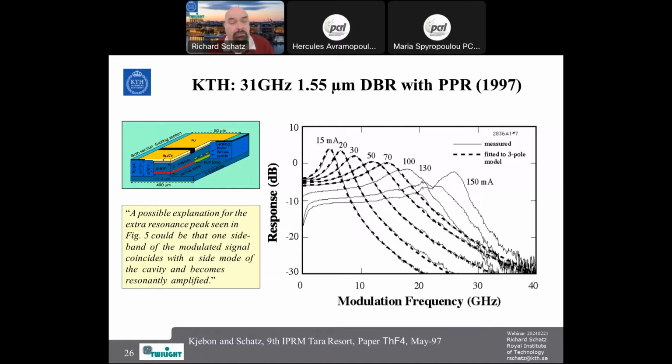But then the benefits of the DML are lost a bit, because you still have the same fabrication complexity as an EML, so intracavity modulators here are probably not so interesting commercially. But it's possible to use an intracavity modulator and utilize this effect. For pure EMLs, there is no use here.